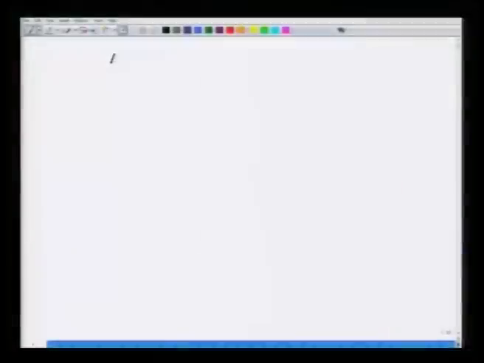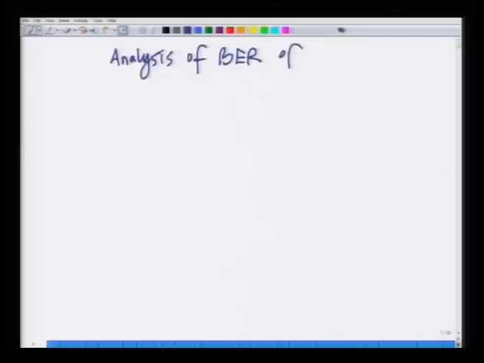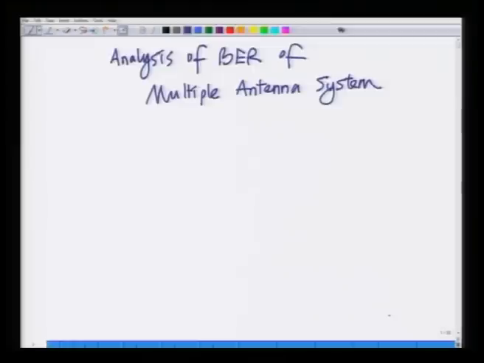Let me give the title of this: an analysis of the bit error rate of this multiple antenna system.